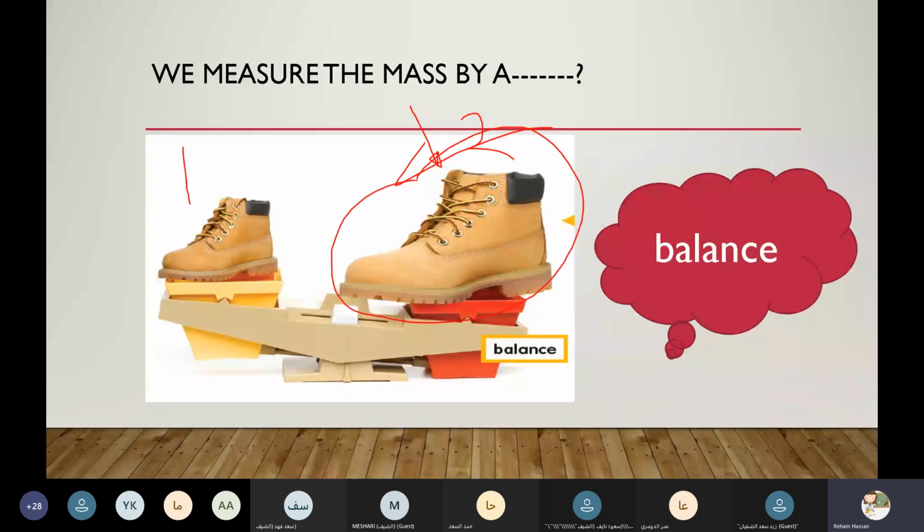Because it has more amount of matter. Yes, more amount of matter here, so it is heavy and it has more mass. Thank you so much, Sultan.